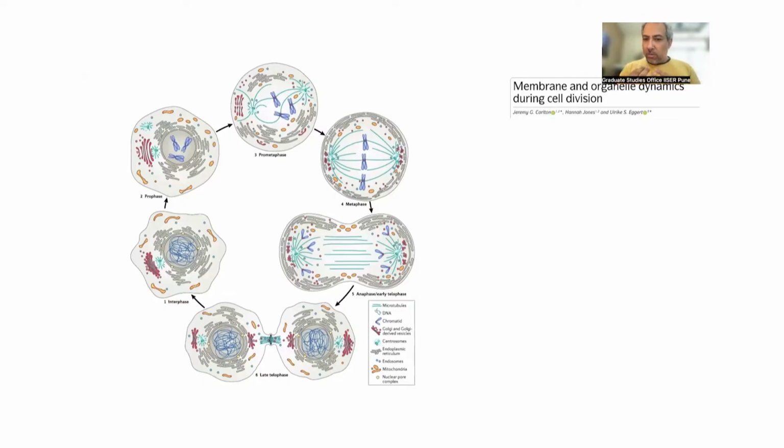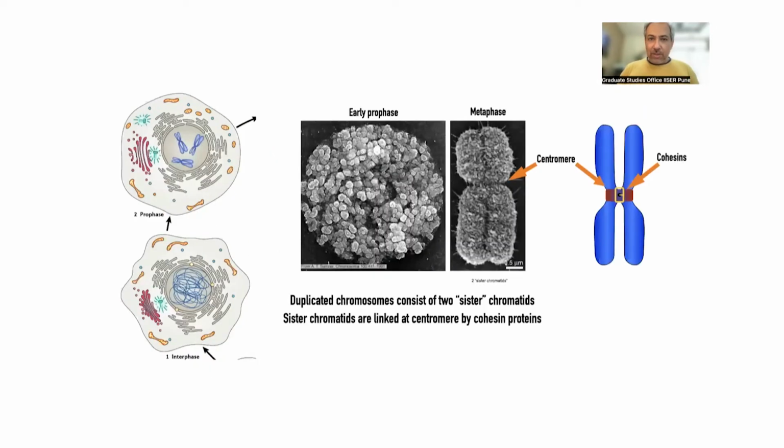We know microtubules, we know DNA, we know chromatids, we know Golgi and Golgi-derived vesicles, we definitely know centrosomes, we know the endoplasmic reticulum, we know the endosomes that are pinched from the plasma membrane, we know the mitochondria, we know the nuclear pore complex as well, right? And all of these players are now affected or regulated in some way during cell division.